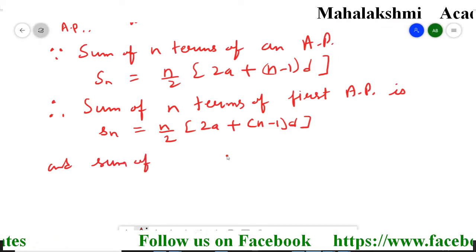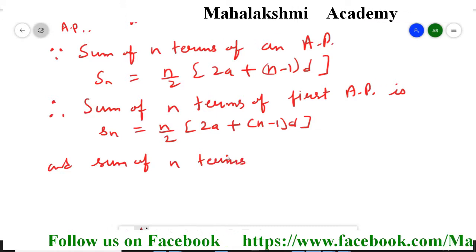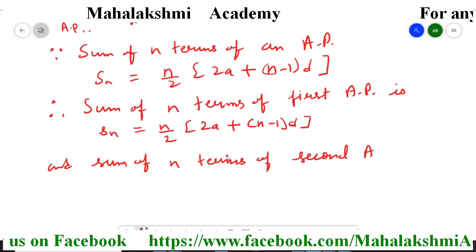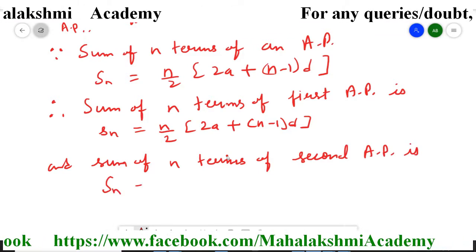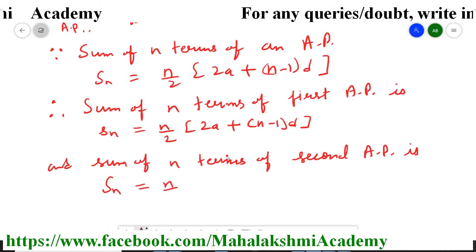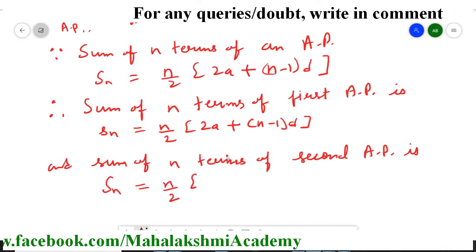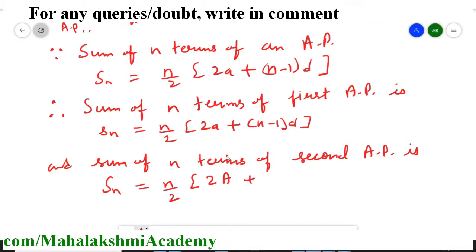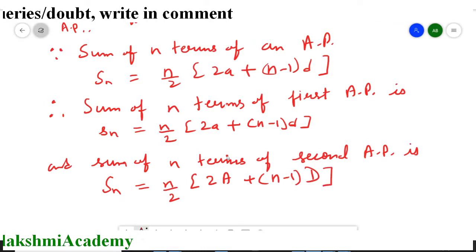In this we assumed everything capital, and n remains the same in both cases because the number of terms is the same. So 2 multiplied by capital A plus n minus 1, then capital D, bracket close.